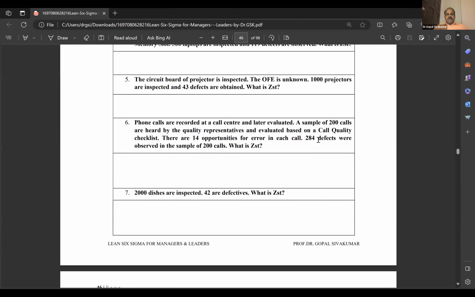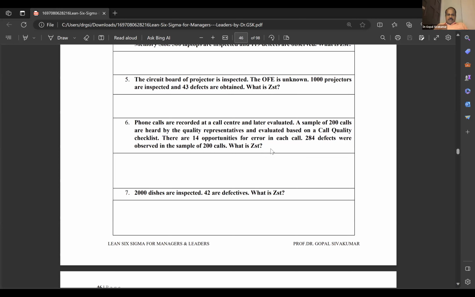Now 284 defects were observed in a sample of 200 calls. Now tell me, what is the opportunity for error here? 14. Number of samples? 200. Number of defects? 284. Now, if you type all of these numbers, you should get the answer.